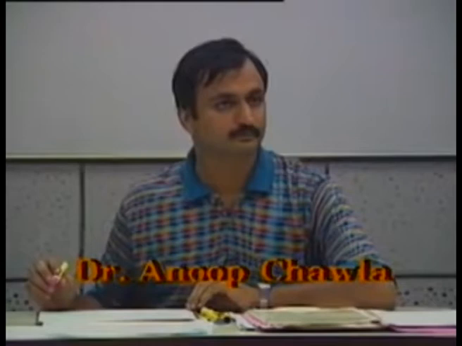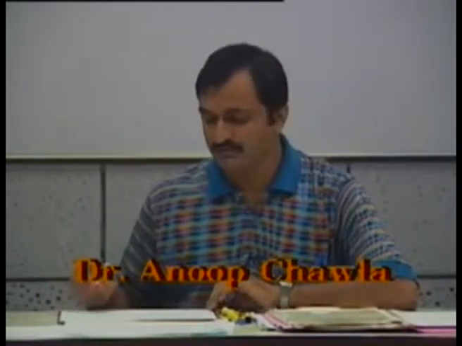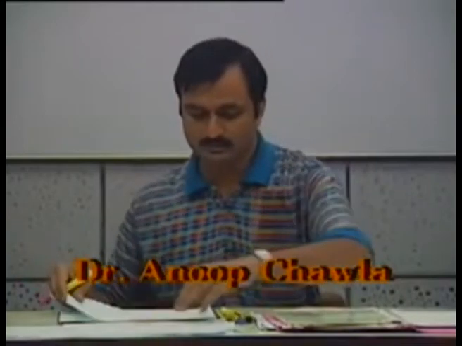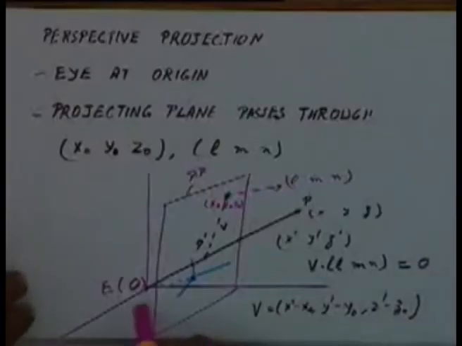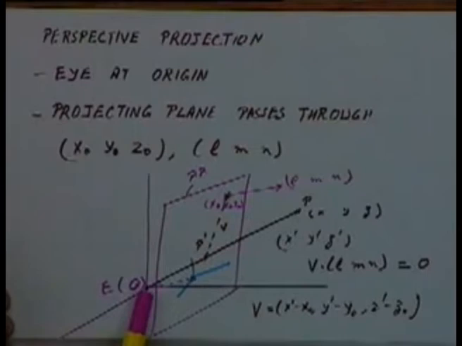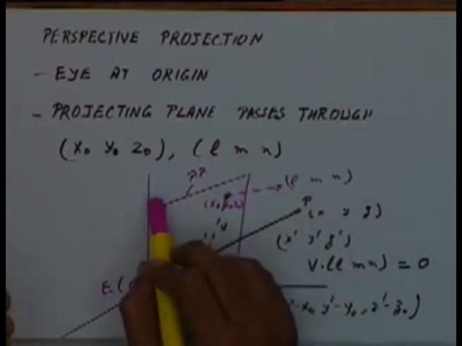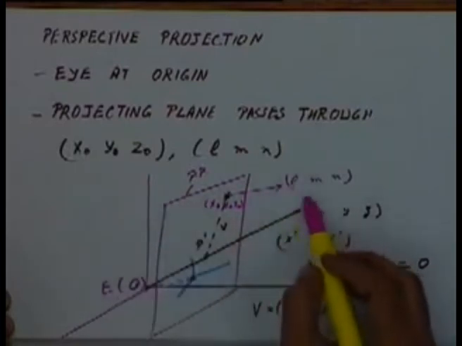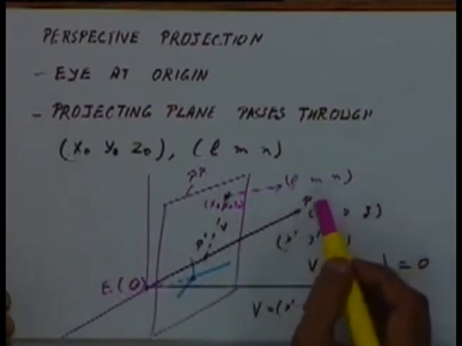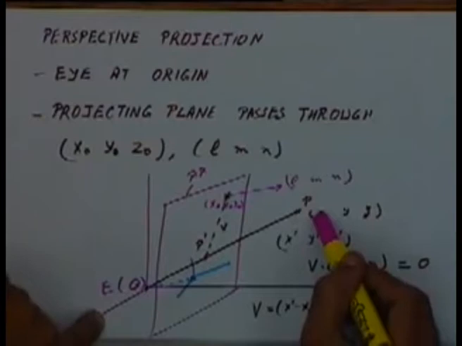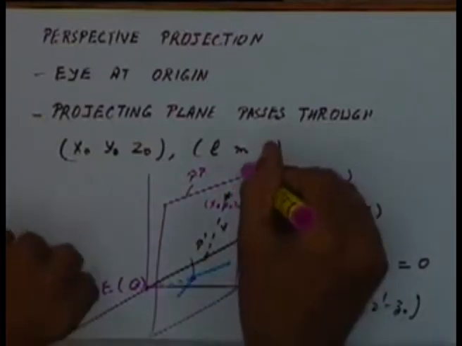Okay, so if the eye is at the origin and the projecting plane is any arbitrary plane, in that case we can project a point P onto this projecting plane using this set of equations.